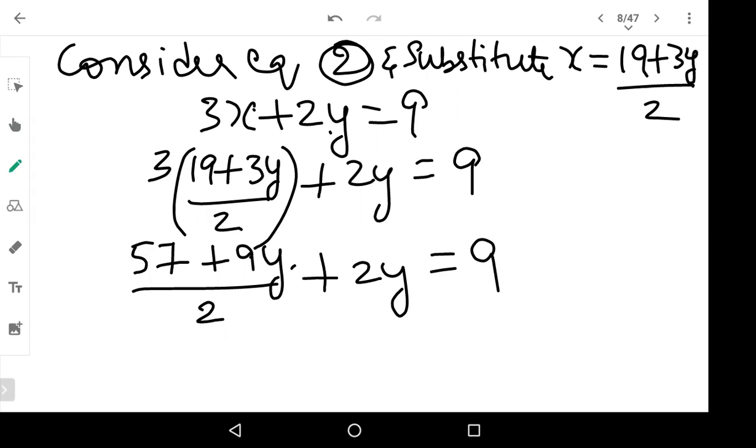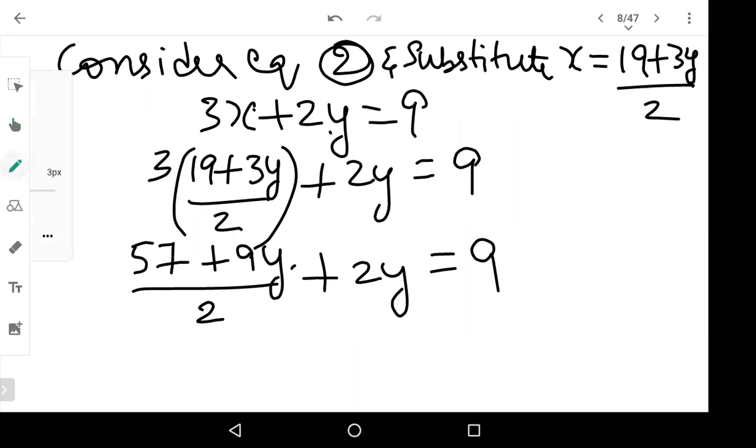I'm going to multiply that 3 to the numerator, and the division is only for 57 plus 9y, that denominator is there. It is not there for 2y. Now, when it is not there for 2y, what am I supposed to do? I'm supposed to use the LCM here, because for one expression there is a denominator, and for the other there is no denominator.